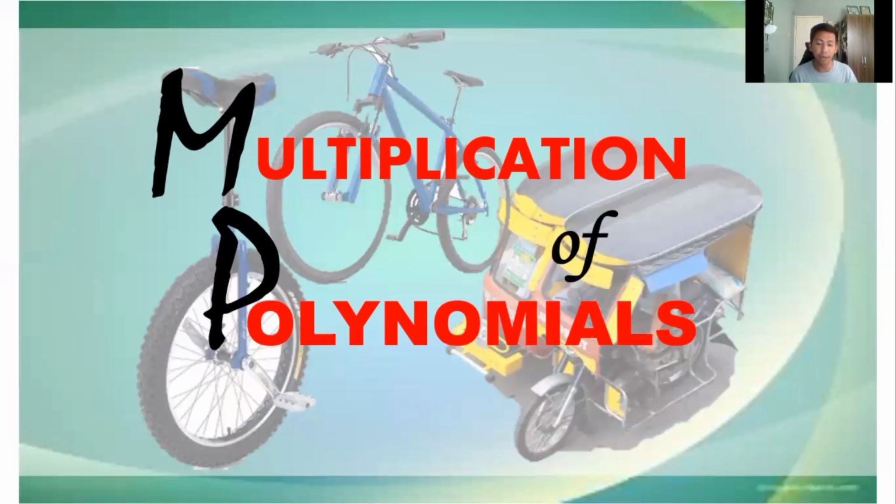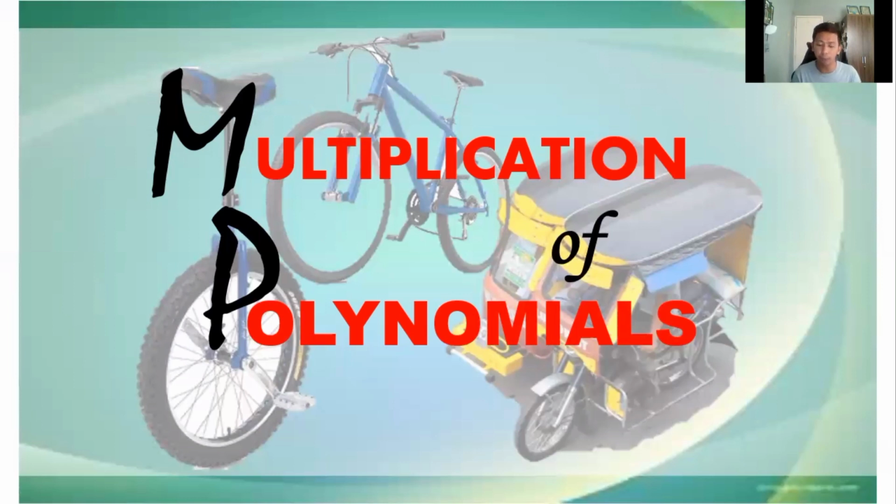Just as we can multiply numbers, we can also multiply polynomials. Last week, we discussed the addition and subtraction of polynomials. Now we proceed with the next operation, and that is the multiplication of polynomials.